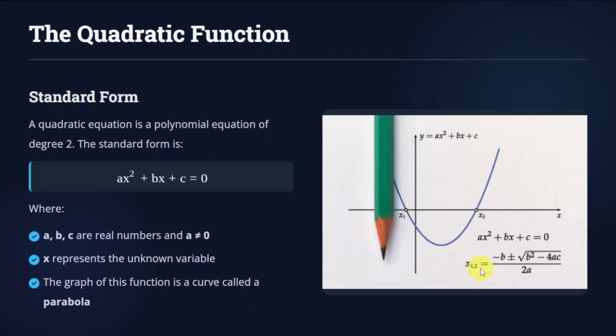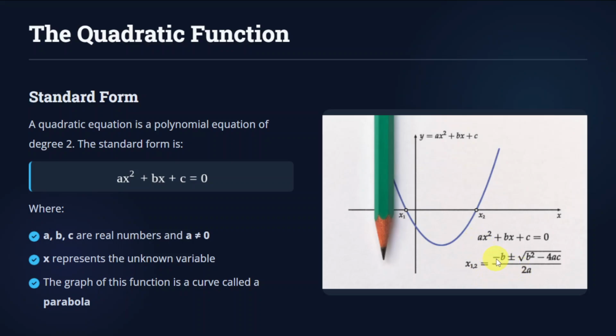So the solution of the quadratic equation is given by the equation: x1 and x2 are given by minus b plus or minus the square root of b squared minus 4ac, over 2a.